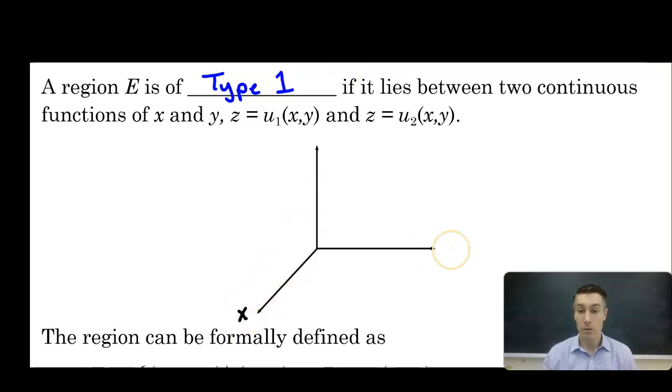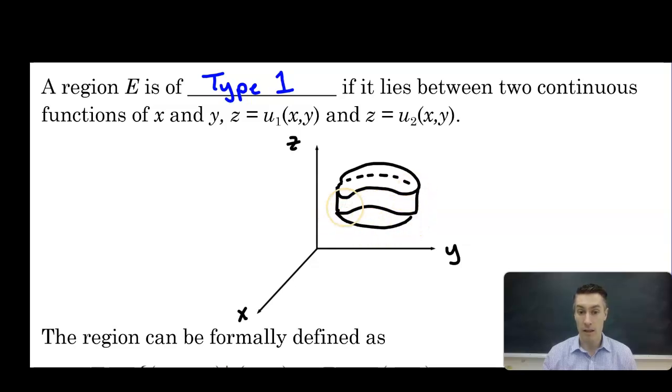So in 3 space, so we have x, y, z. We're going to draw the region defined by these 2 z equal surfaces. So in this one, let's say we have some surface that looks like this, and then it goes down, and let's say there's some surface on the bottom that looks like that. There. Okay, so this is the region that we're integrating over.